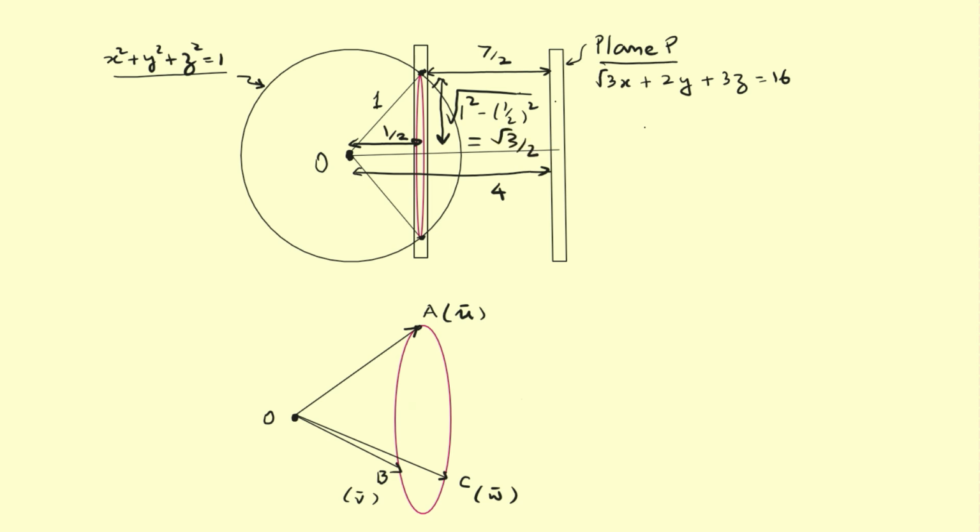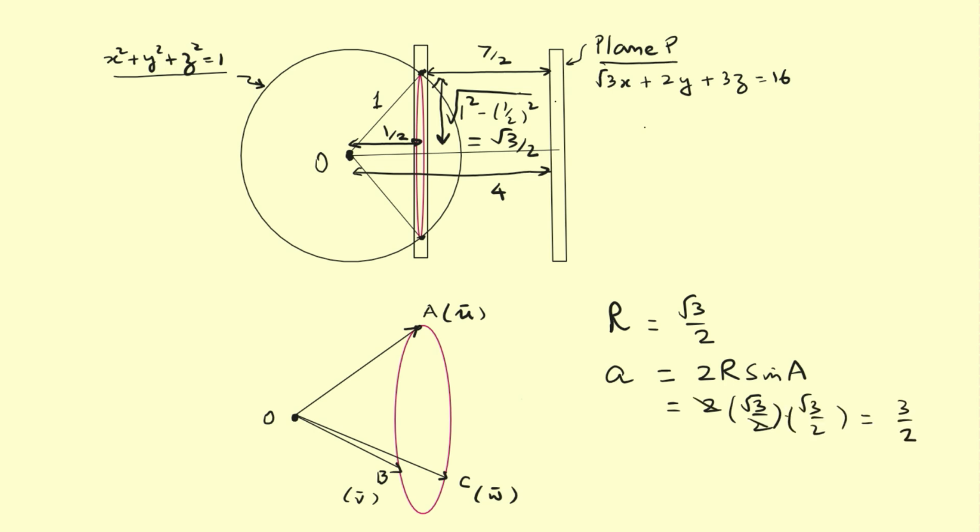So the circle in which this equilateral triangle ABC is inscribed has radius, that is circumradius of the triangle, root 3 by 2, and therefore the length of side of the equilateral triangle will be equal to 2R sine A using the sine rule. Since it is equilateral, the value of angle A will be 60 degrees, and this comes out as 3 by 2. So the length of side we have found, which is equal to modulus of u minus v or v minus w or w minus u.